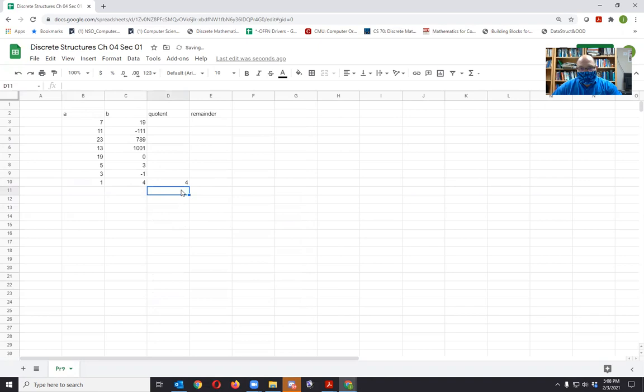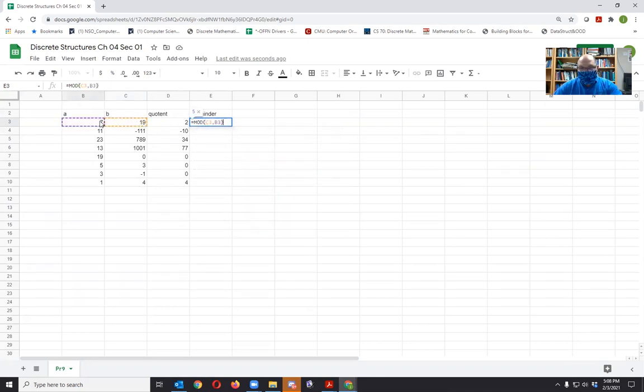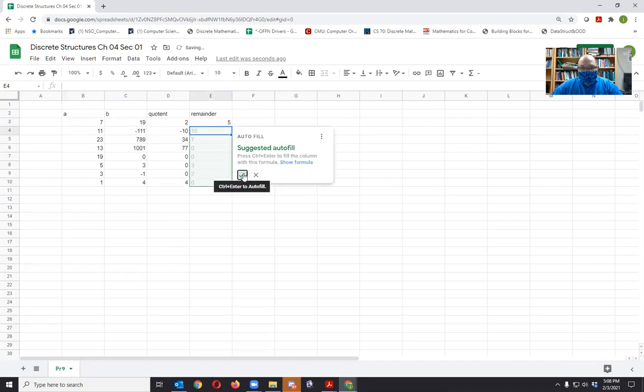Let's see if we agree with all of this. So we'll do the mod, and then it'll be 19, comma. Yep, autofill looks good.